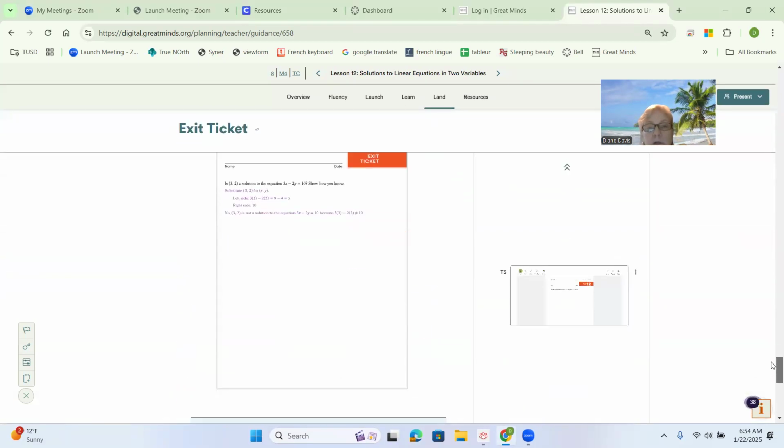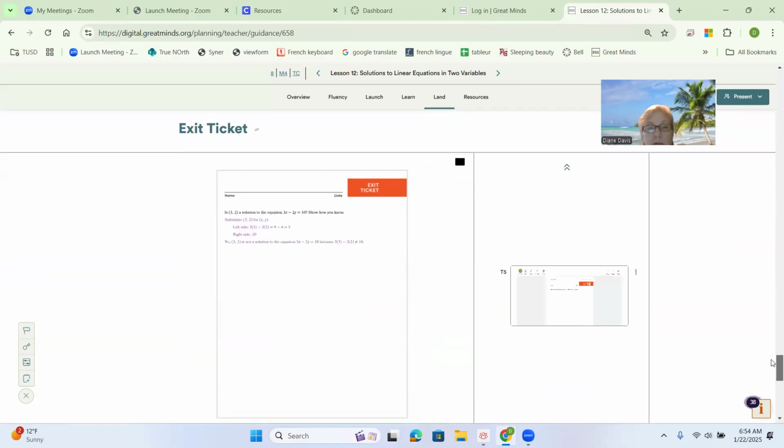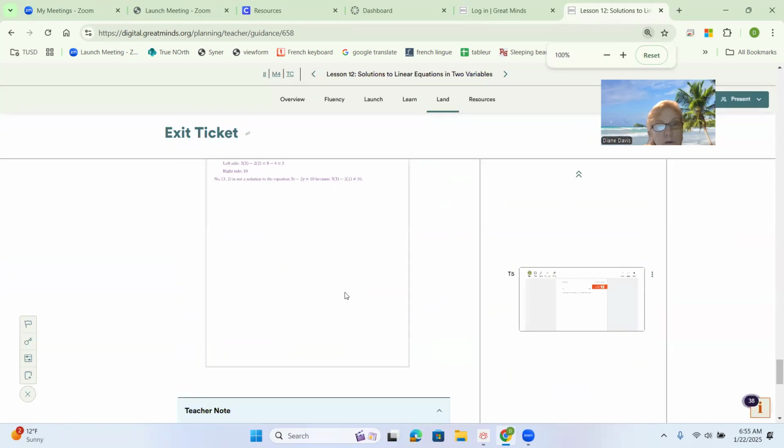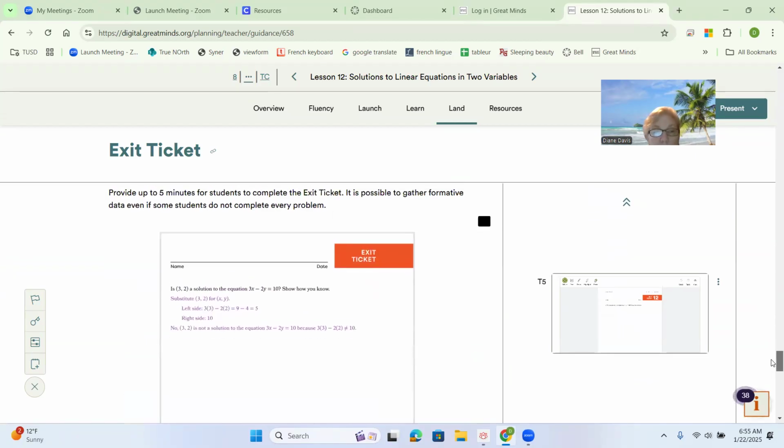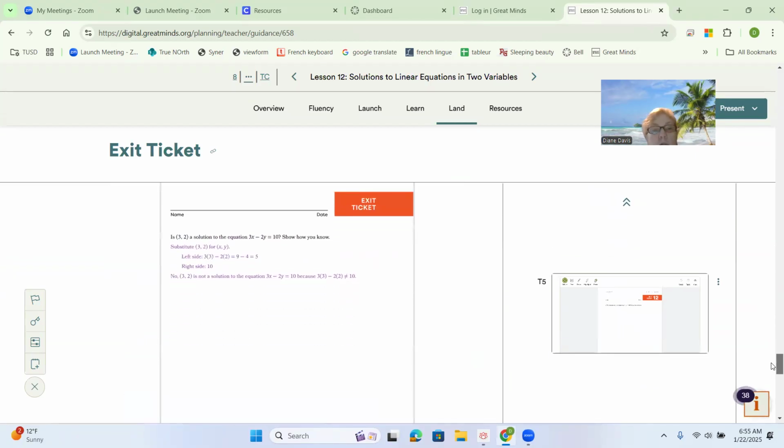Okay, so let's go ahead and look at the exit ticket. Let's enlarge this. Is 3, 2 a solution to the equation 3x take away 2y equals 10?